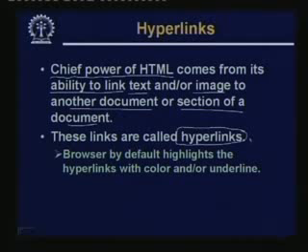Usually by default, of course you can change this default, whenever you specify a hyperlink as part of an HTML page, the browser will highlight the hyperlink either by displaying it with a different color, underlining it, or both. You may be familiar with this.